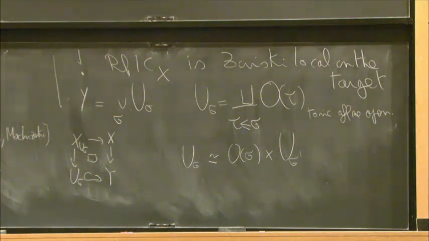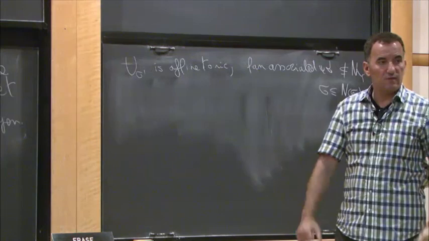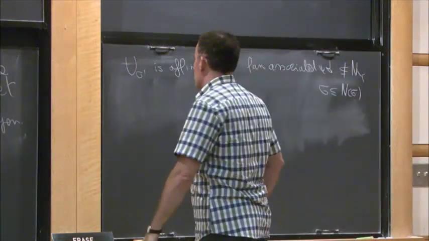This lattice has lower rank. The rank is the dimension of sigma. So this is a smaller dimensional variety, and this is your local product reduction of U sigma into a product.